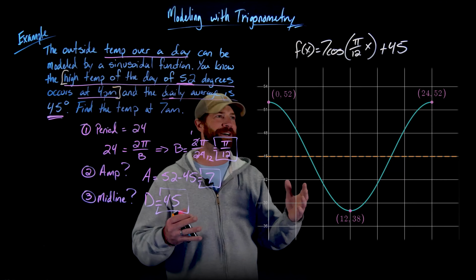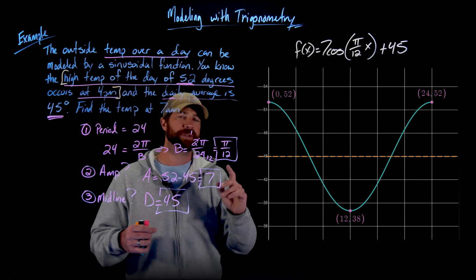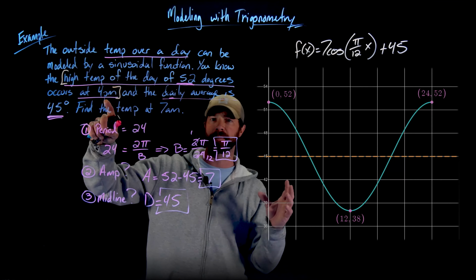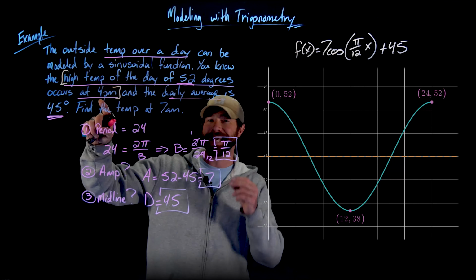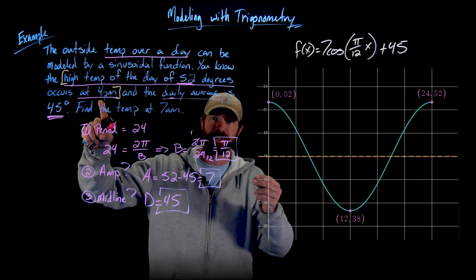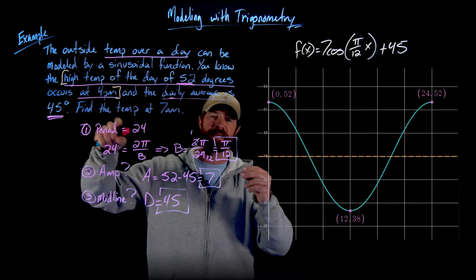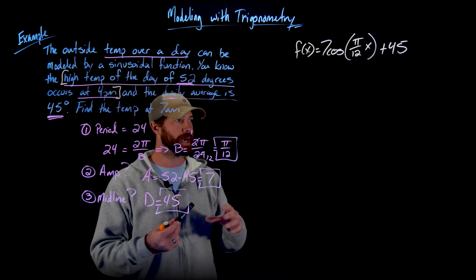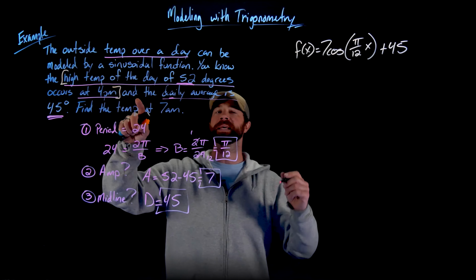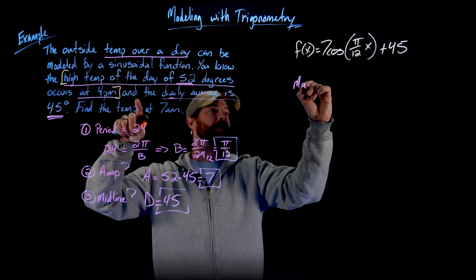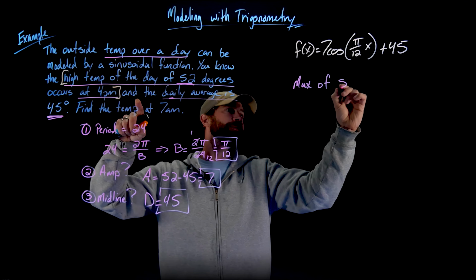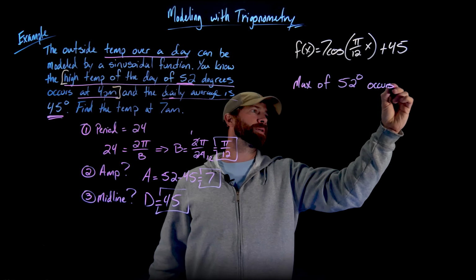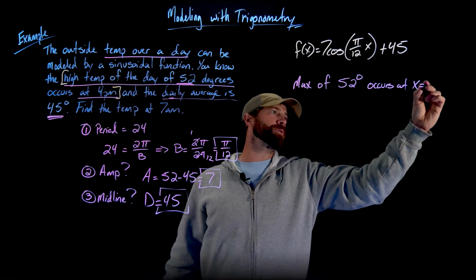We don't do that on a rectangular coordinate system. So importantly, when I see 4 p.m., given the way I'm going to model this, I think of this as 1600 hours, or at hour 16. It's like military time. So what I need to do now is make this happen. The max of 52 degrees occurs at x equals 16.